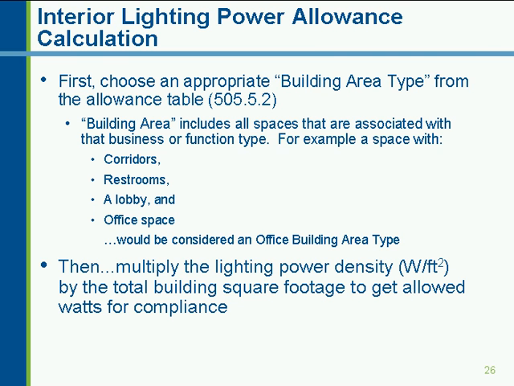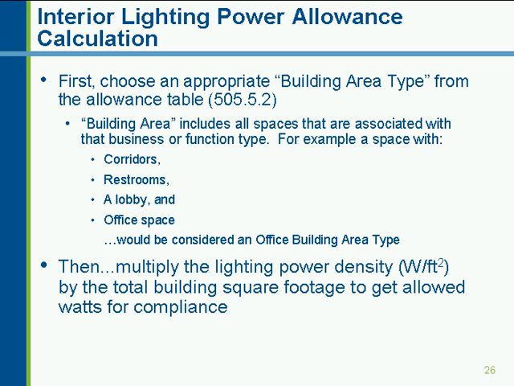Once you've chosen your building area type from that table, you can then apply a wattage allowance to it. You need to remember, however, that that building area includes all of the common space types you would find for that. So in this case, a simple example of an office building area is going to include some corridors, restrooms, lobby, office spaces. You don't identify those separately.